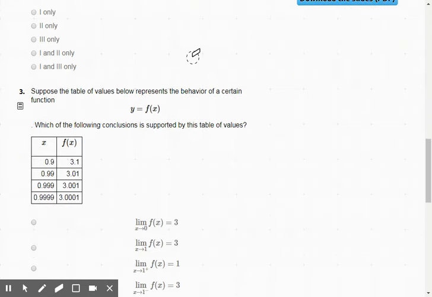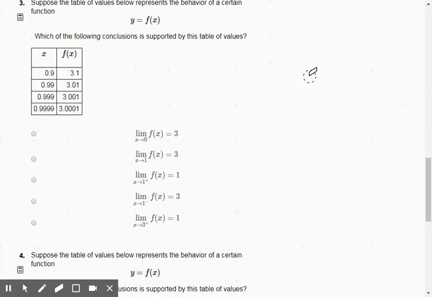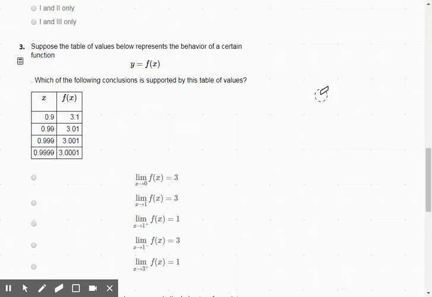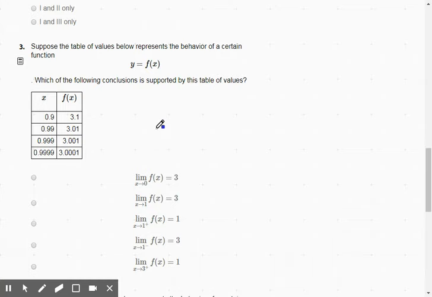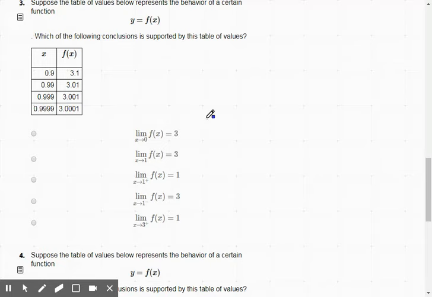Okay, let's look at number 3. Suppose the table of values represents the behavior of a certain function. What conclusion is supported? So let's look at that. What x value are we approaching?